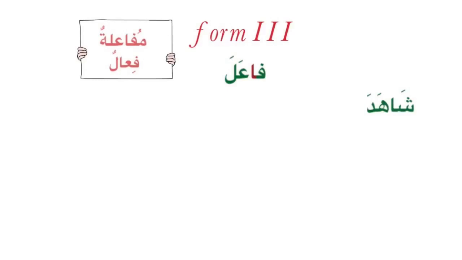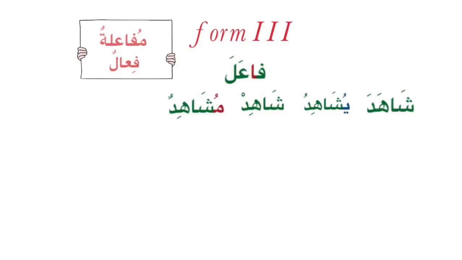If you bring the example, shahada, yushahidu, so mudari, and amr will be shahid, and ism fa'il, what we're looking at is mushahidun.